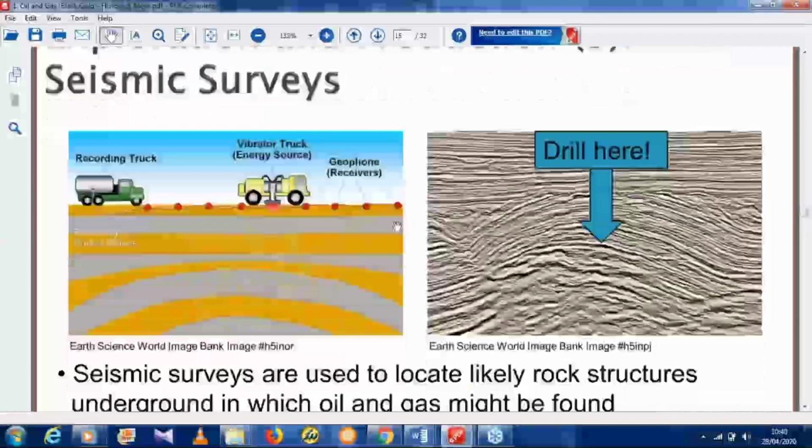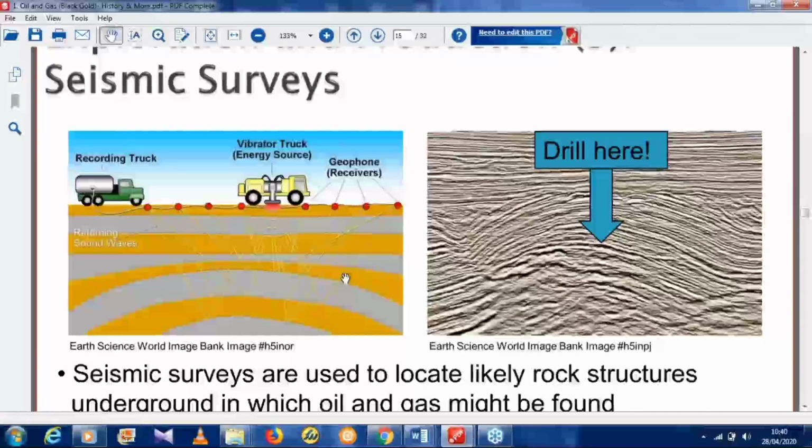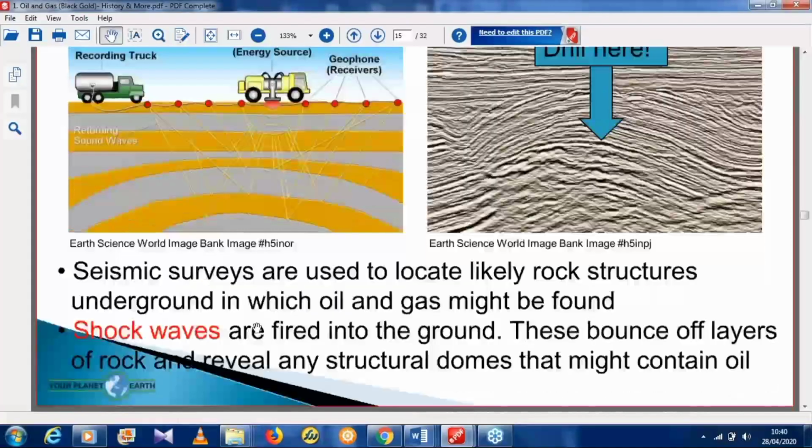As this sound is sent, signals are sent back, which are collected with certain devices. So these shock waves that are fired, they bounce back. They are revealing some structural dome. The nature of those sound waves will show the nature of the earth crust, the structural dome.